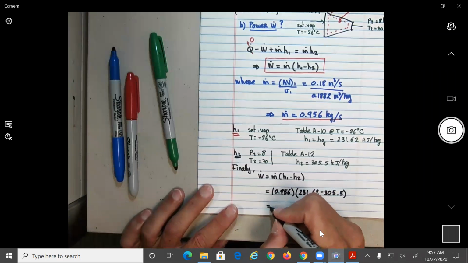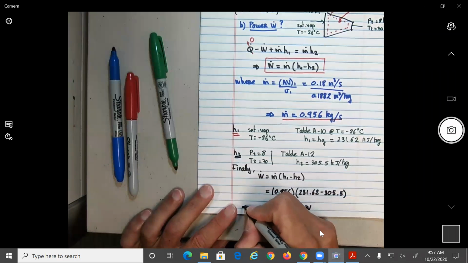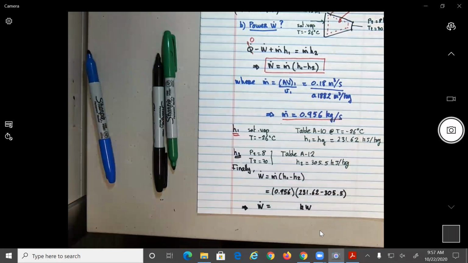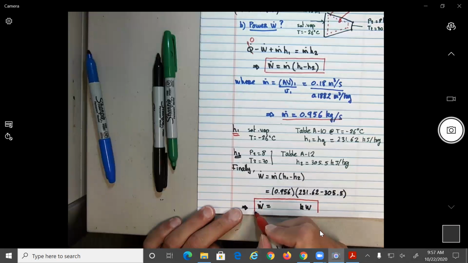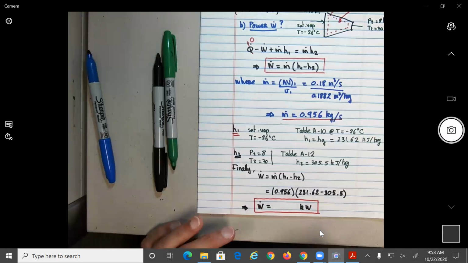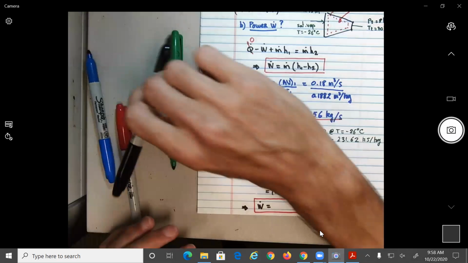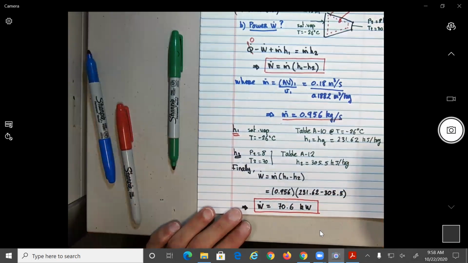So the result you get here will be in kilowatts. 70.6.